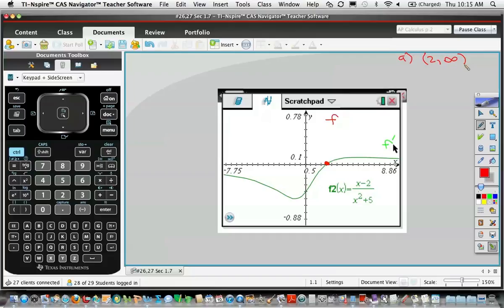Okay? Where does f have stationary points? Well, that would be at this local max and at this local min. Right? No. This is the f prime graph. I'm just testing you. There's a lot of stuff here, isn't there? You've got to double check yourself when you do one of these.